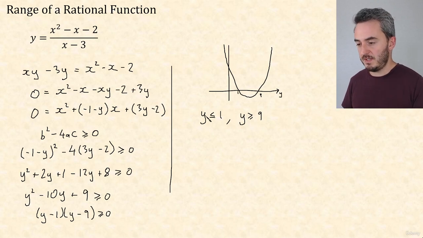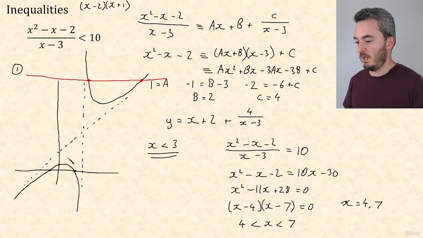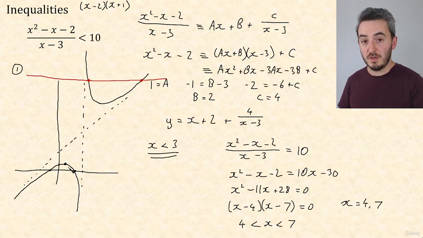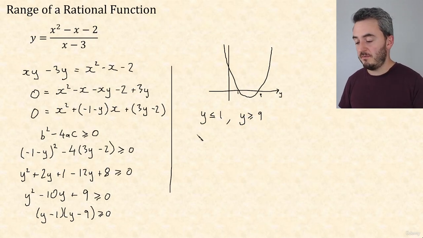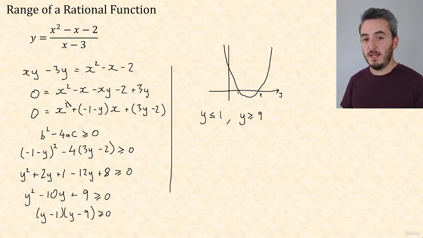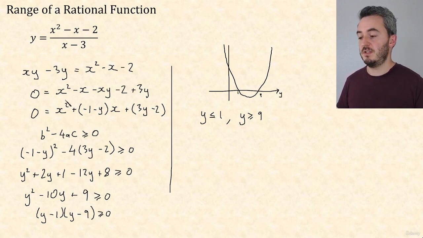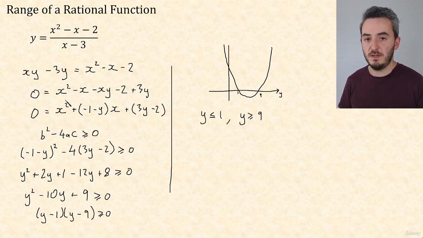Flip back to the previous sketch. Essentially what we've just discovered is that the maximum point there is y equals 1 and the minimum point there is y equals 9, and we did it without the need for differentiation. So to summarize, this very clever technique involves multiplying out, forming a quadratic in x where the coefficients are functions of y, then insisting that the discriminant is greater than or equal to 0, because those are the values in which there is a y value for the given x value.